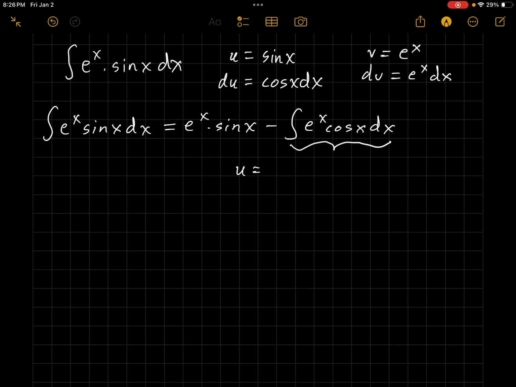So I'll let u equal, well, I kind of have to let it equal the same thing, so I'll let it equal cosine of x. dv will still equal e to the x dx. If I switch them around, I just basically get back where I started, so I have to keep it in the same direction.